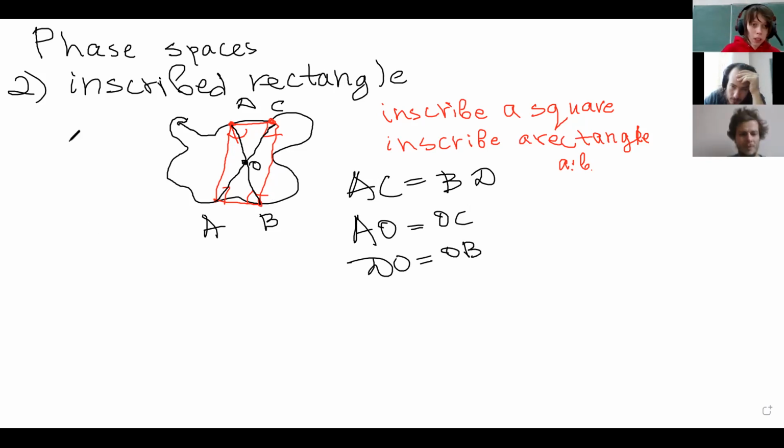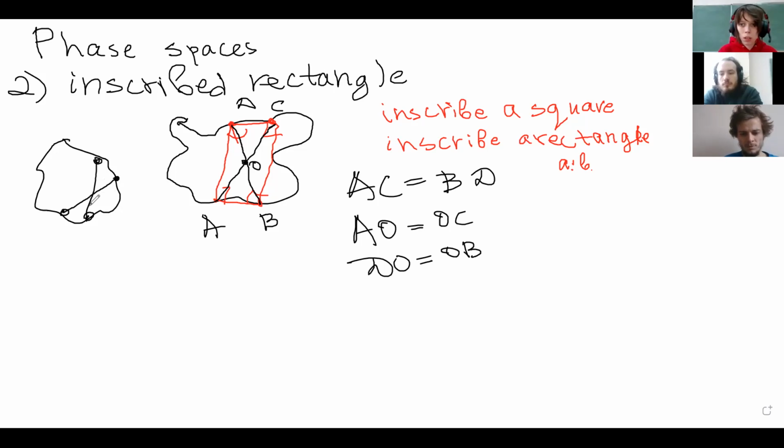And basically, if we do the opposite, if we manage to find such line segments that at first their lengths are equal and the point of intersection divides them into two halves equally, then these 4 points form a rectangle from obvious geometrical properties.